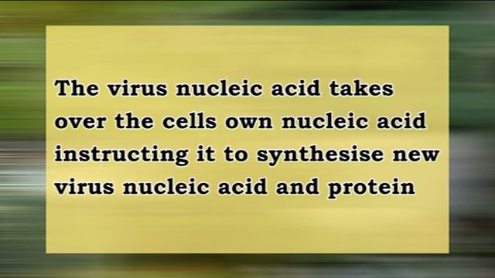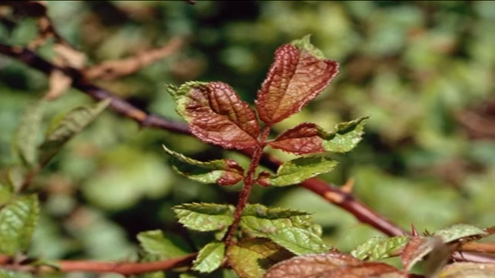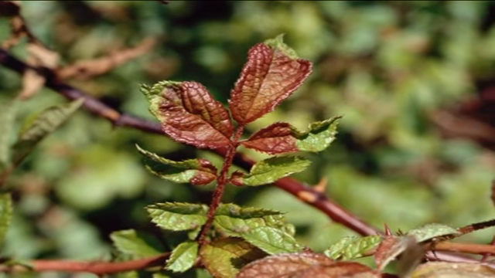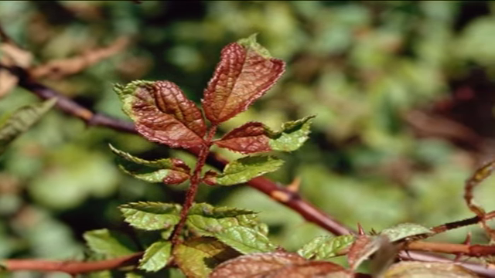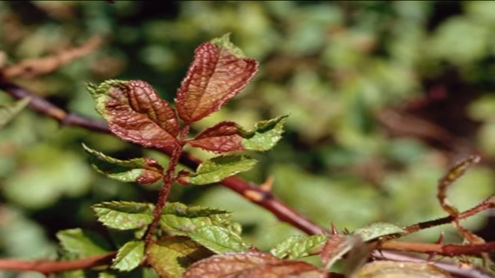The virus nucleic acid takes over the cell's own nucleic acid, instructing it to synthesize new virus nucleic acid and protein. In the process, the plant's normal growth activities are disrupted and the visible symptoms are produced.